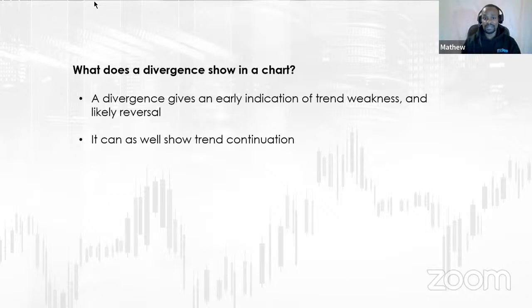But there are sometimes when you realize that you have a trend that is in progress, but the indicators have started to move in a way that they are not supporting or confirming that trend. That's when you realize that there's likely a weakness coming up in the market, and it might be time for you to exit your positions or look for a trade in the opposite direction.